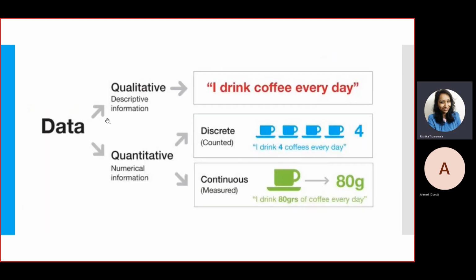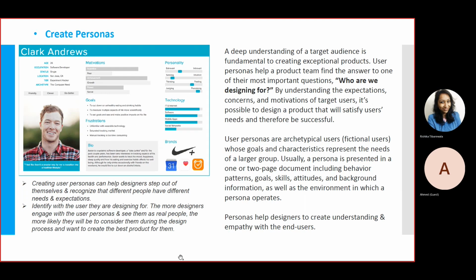So moving ahead with the next method. Now, I have gathered all the information, but it will be of no use if I cannot analyze it. So after the analysis, you can also create personas to understand the thinking of the user. So creating user personas can help designers step out of themselves and recognize that different people have different needs and expectations.